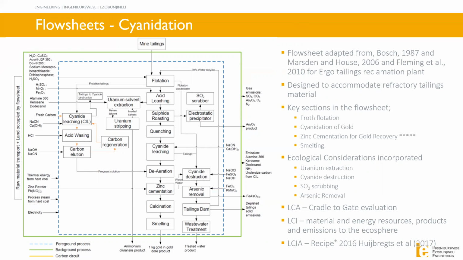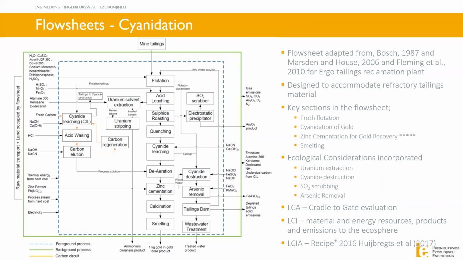A cradle-to-gate evaluation was conducted to allow the background processes to be accounted for, and the functional unit was a kg of gold. The life cycle inventory, which is the data used in the impact assessment, was compiled from material and energy resources, products, and emissions, which were obtained from modeling the flow sheets.